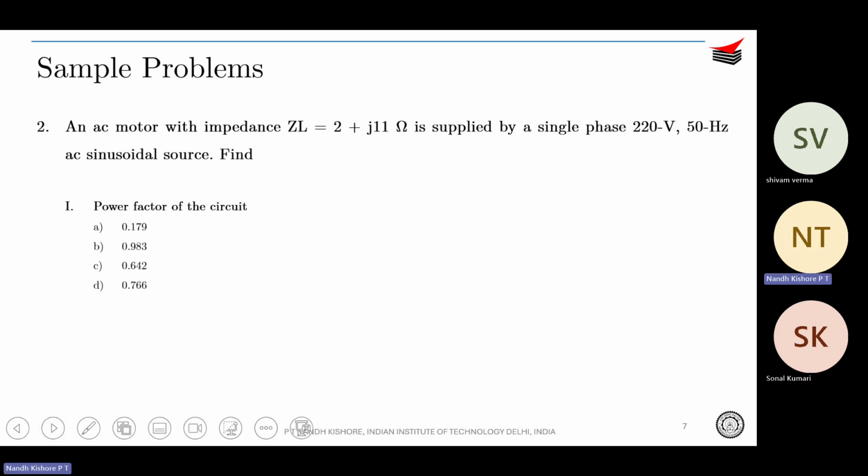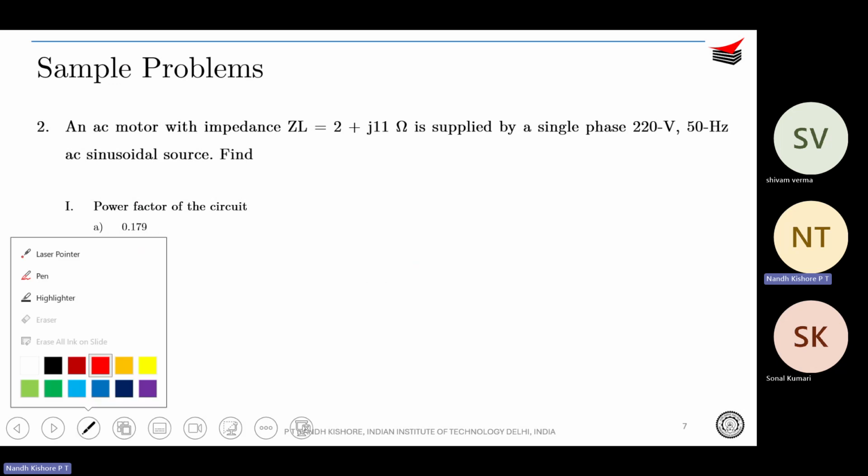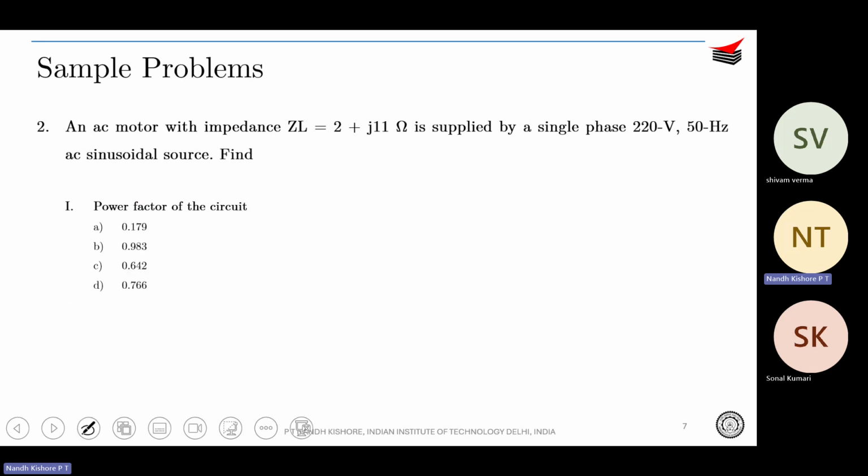So the first question is find out the power factor. This should be very simple for us. We have already done something like this enough number of times. You have ZL equal to 2 plus j11 ohms.